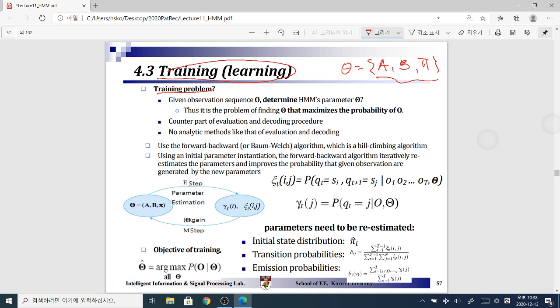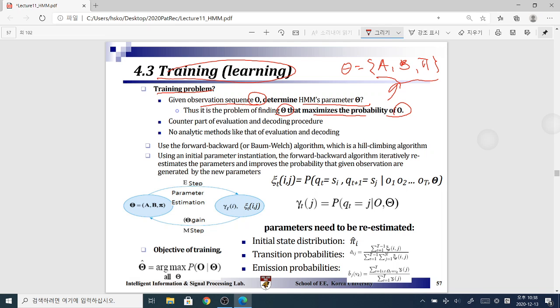Given an observation sequence, what we want to do is to determine the HMM's parameters, which would be A, B, and pi. So this would be a problem of finding the model that maximizes the probability of O, which is essentially the observation sequence, the probability of the observation sequence, or the evaluation.